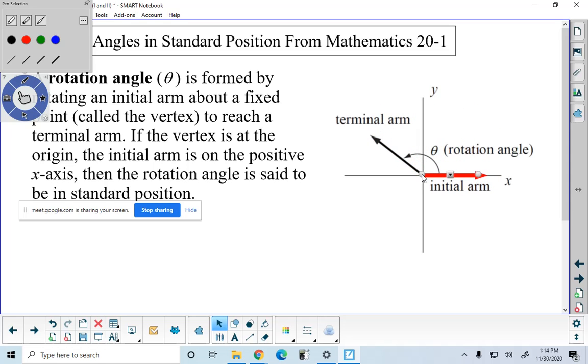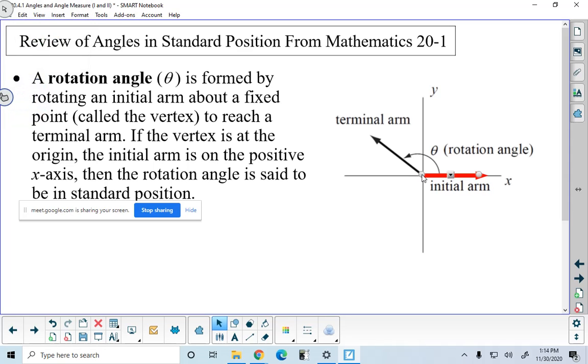There's a rule, and you may remember this from last year, and the rule is that a positive angle is counterclockwise. So if that angle that we're looking at here is about 140 degrees, then we would say that it's positive 140 degrees. If you ever rotate in a clockwise direction, then however many degrees or radians you rotate, that's a negative angle.